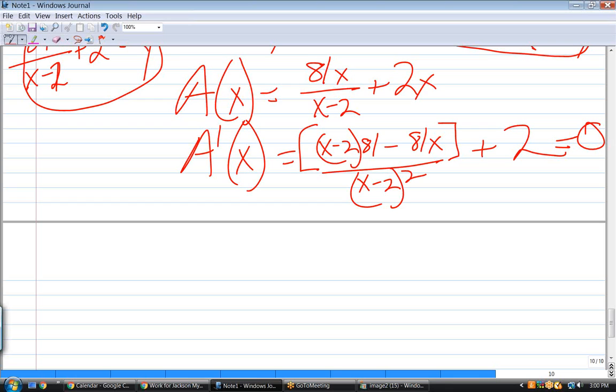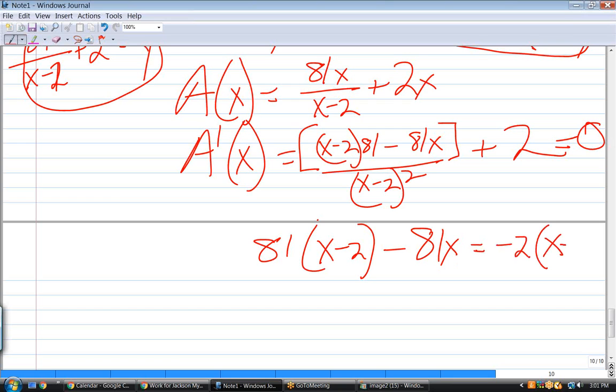Okay, so what do we have here? We have 81 times x minus 2, minus 81x, equals, I've moved that over and I've multiplied both sides by that denominator.